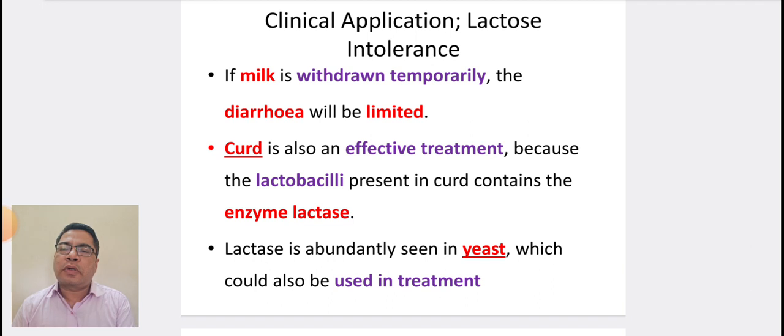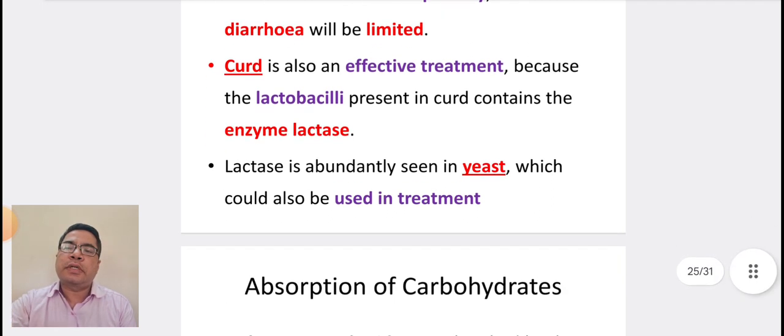If milk is withdrawn temporarily, the diarrhea will be limited. Curd is also an effective treatment because the lactobacilli present in the curd contain the enzyme lactase. Lactase is abundantly seen in yeast, which could also be used in treatment.